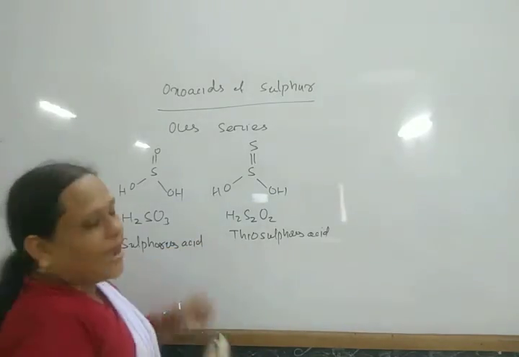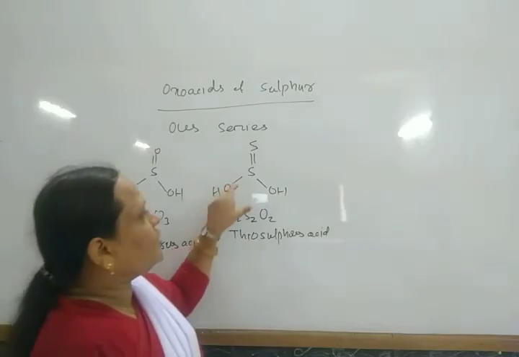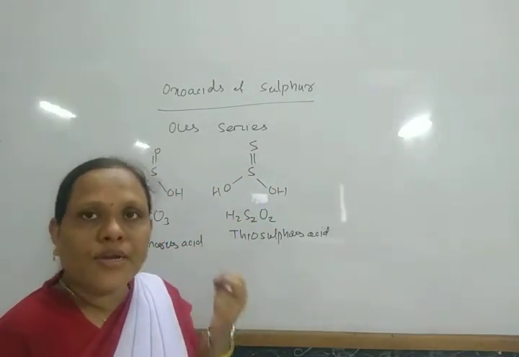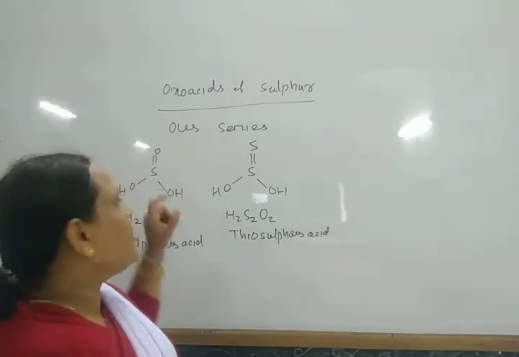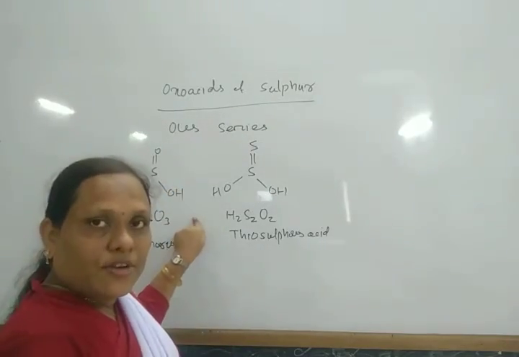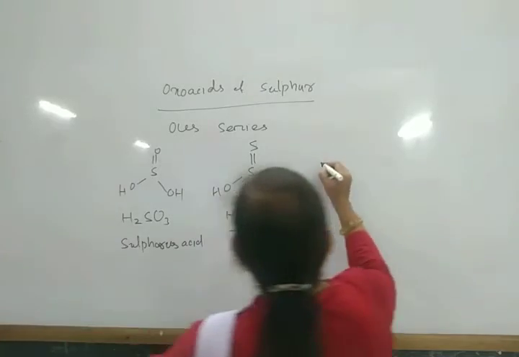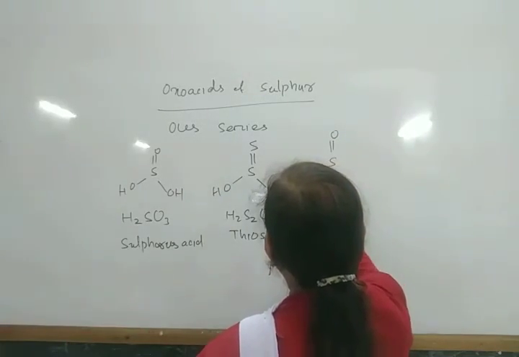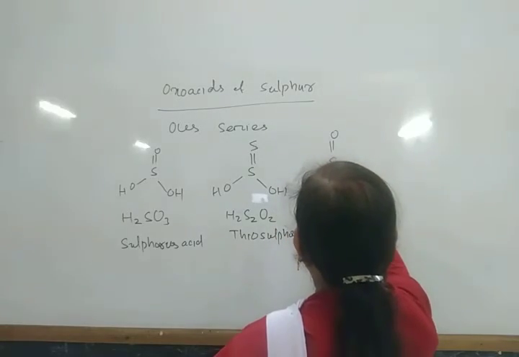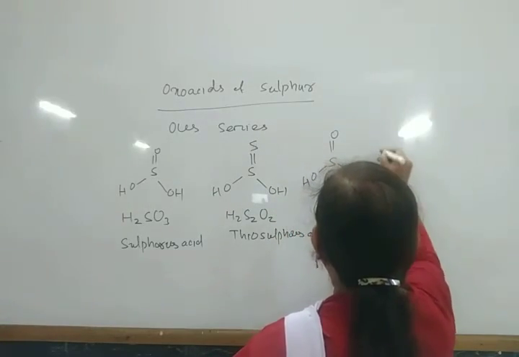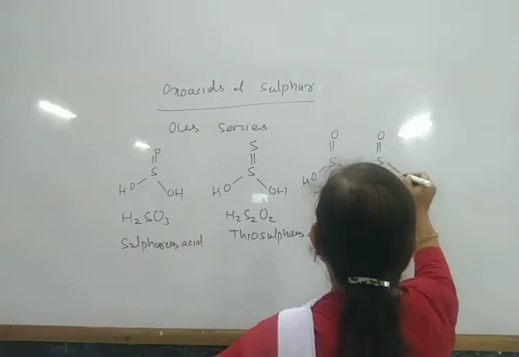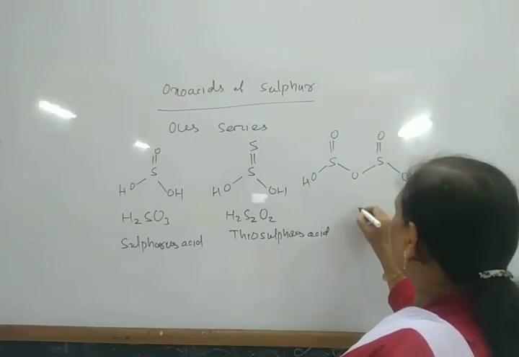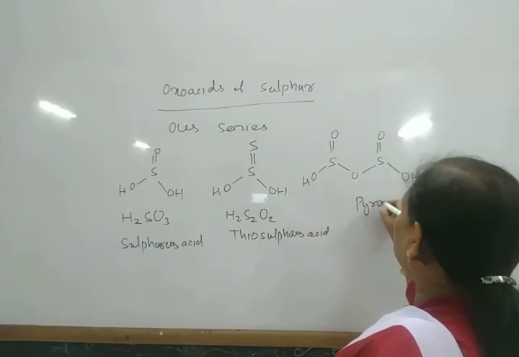Similarly, another is pyrosulfurous acid. When two molecules of sulfurous acid combine and one water molecule is removed, this is known as pyrosulfurous acid. The structure is S double bond O, OH here, and here O, and S double bond O, OH.